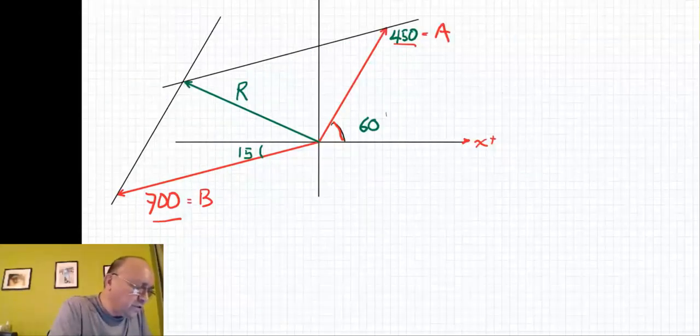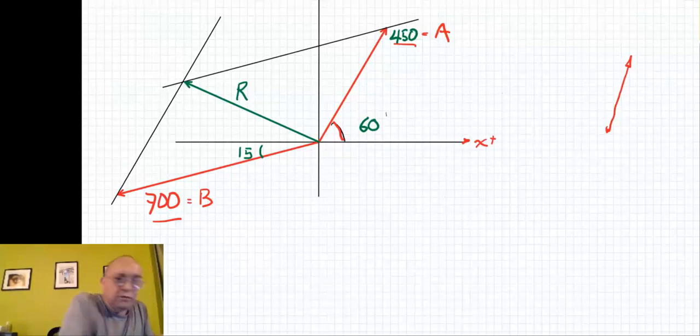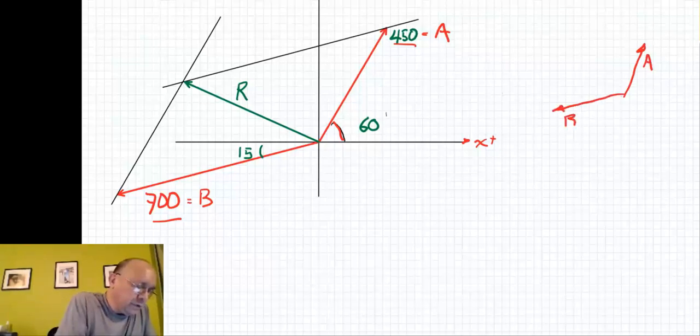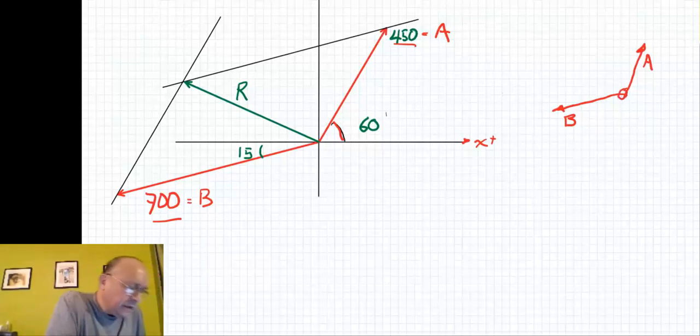So in the method of the parallelograms, you put both vectors attached from the tail. Let's say this is A, and then this is B. Once you have those 2 vectors attached by the tail, then you have to draw parallels.